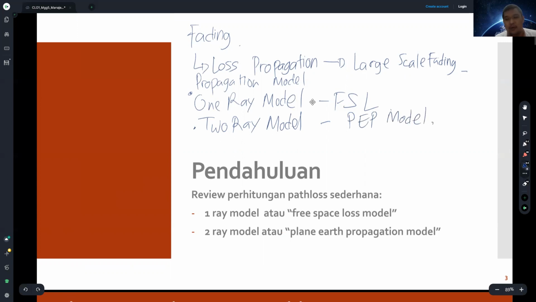Besides these two, we also learned about other propagation models as well, for example, Okumura-Hata, and also Walfisch-Ikegami, and also COST231. However, in this week, we are only going to focus on these two models.